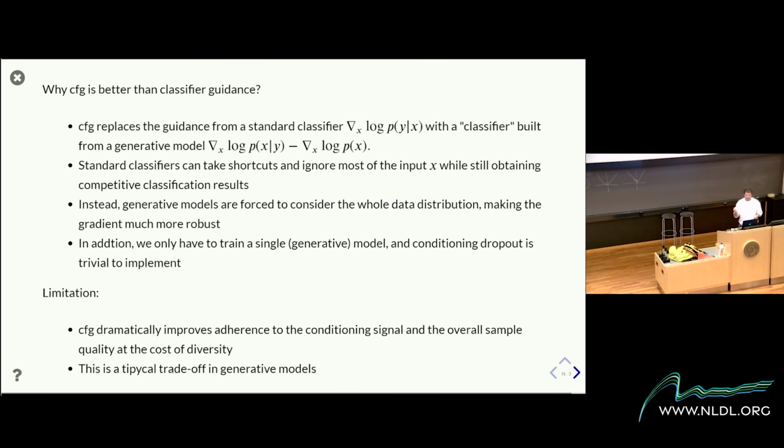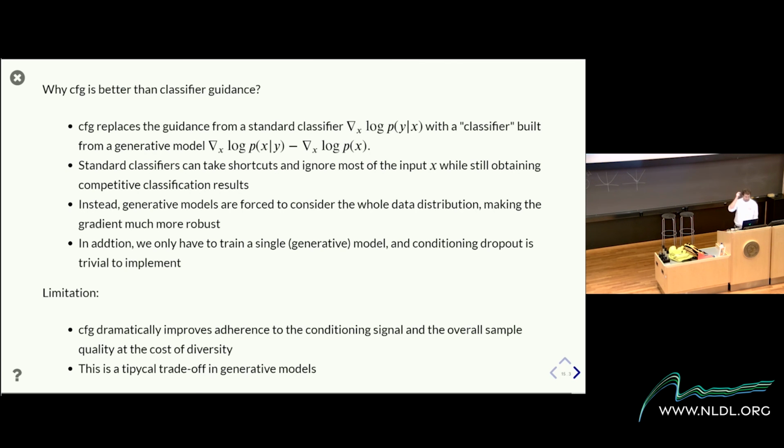Another advantage is that now we only have to train a single generative model, and this conditioning dropout is very trivial to implement, right? We can just replace the condition signal with an empty string 20% of the time. So we don't even have the problem of training another classifier and deciding which classifier we should use, because as you know, there are tons of them. Here we just have a single model, and that's it.